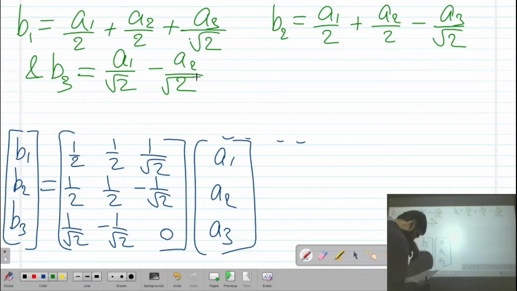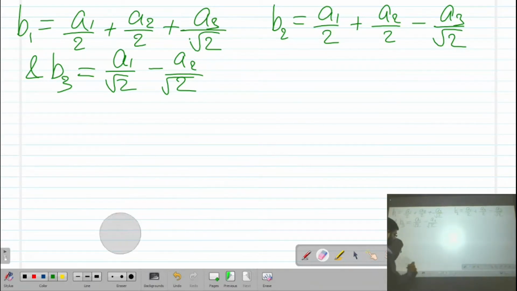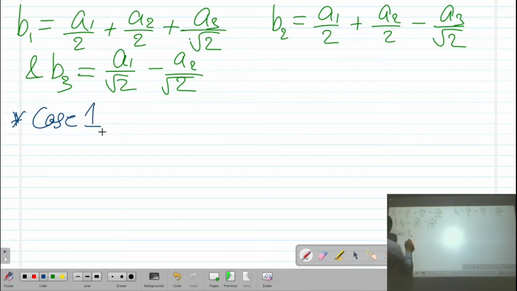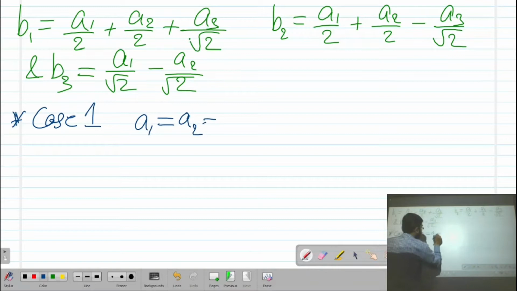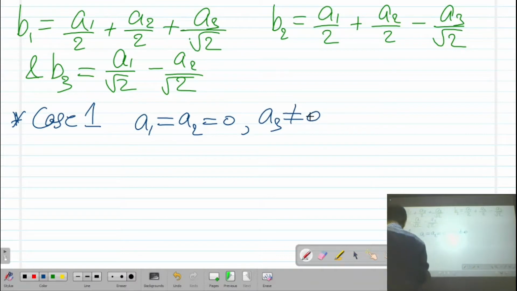Now, here also, we will take different cases. First of all, let us take case 1. In case 1, we have A1 is equal to A2 is equal to 0, A3 not equal to 0. Okay? So what will be the value of B1?